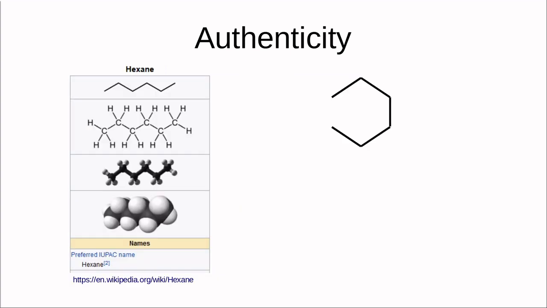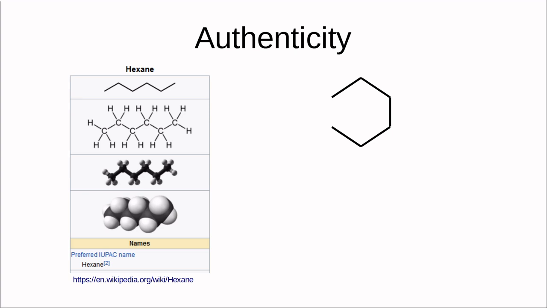There's actually a fourth principle, which is that bonds will usually zigzag. So you can see the structure of hexane in Wikipedia is basically a straight line, but with a zigzag pattern. And this is as opposed to the structure that I drew on the right, which is another way of drawing hexane, but without the zigzag pattern. Instead of the bonds going back and forth, they keep rotating the same direction.